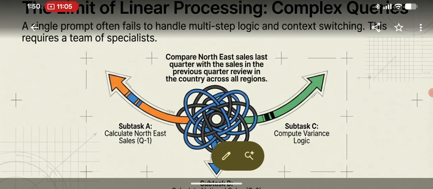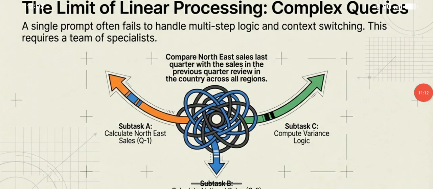Such a query needs to be divided into subtasks. One is to calculate Northeast sales, then calculate the sales of the entire country from all regions for comparison, and then finally compile the two results and give the output to the user.